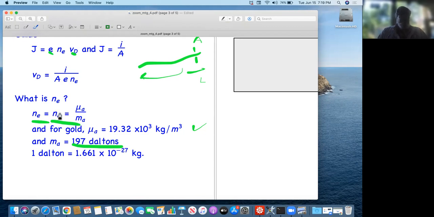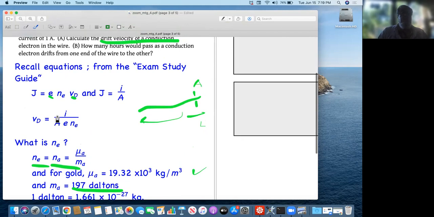So now this determines N sub E. A is given in the problem, I is given in the problem, E is just the charge on an electron, so that's a universal constant. And the rest is just use your calculator. But before you use your calculator, you really ought to derive the equation. That's the easy way to do it.